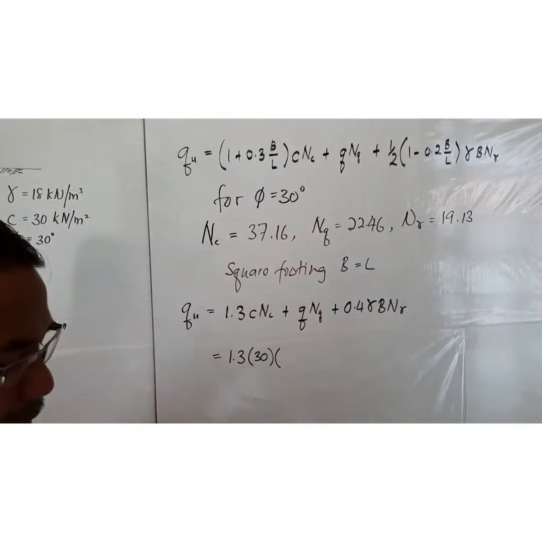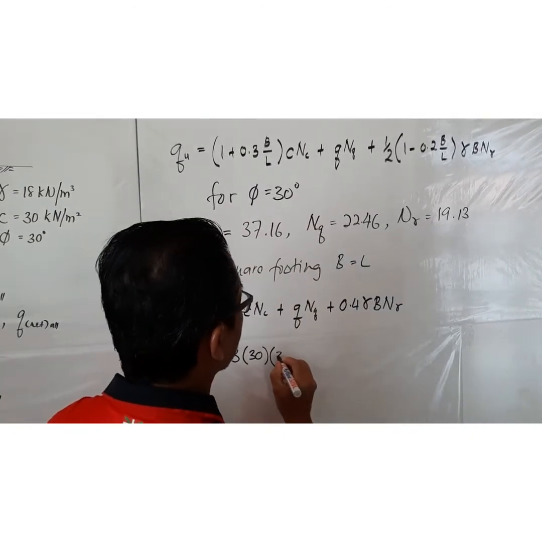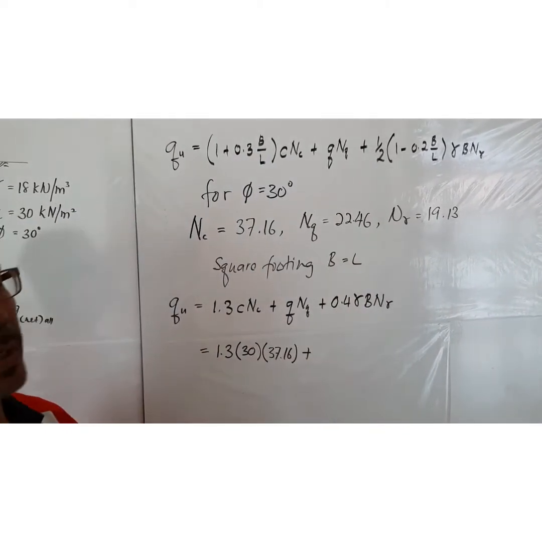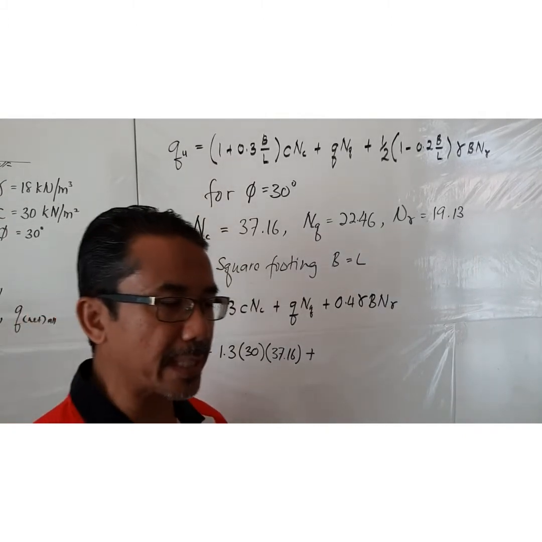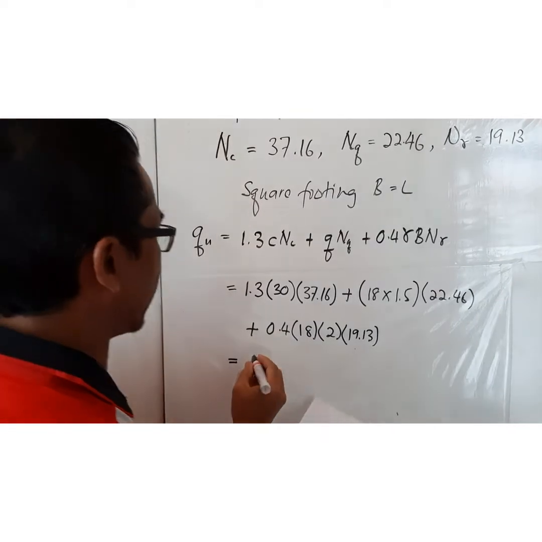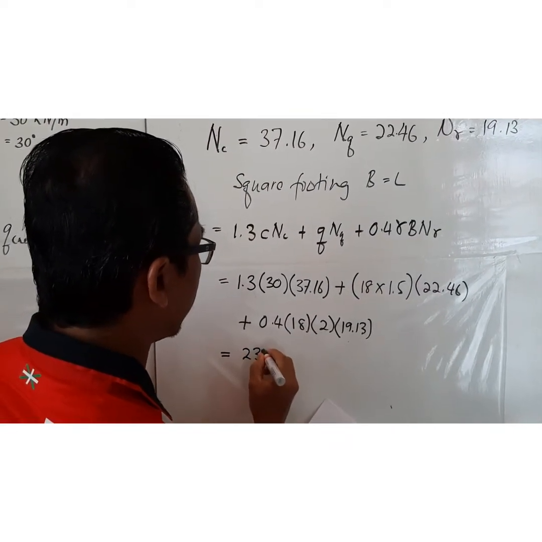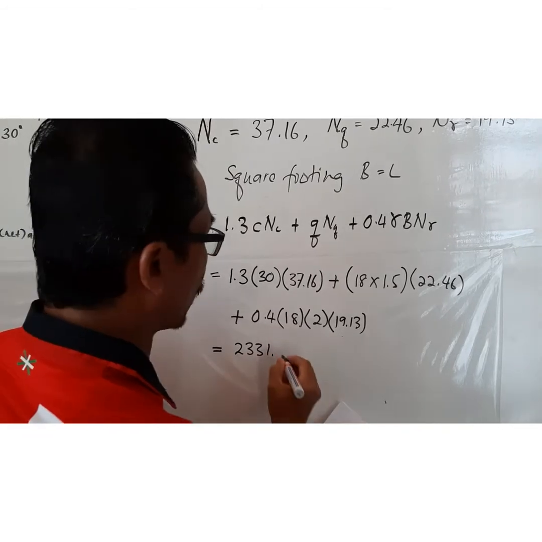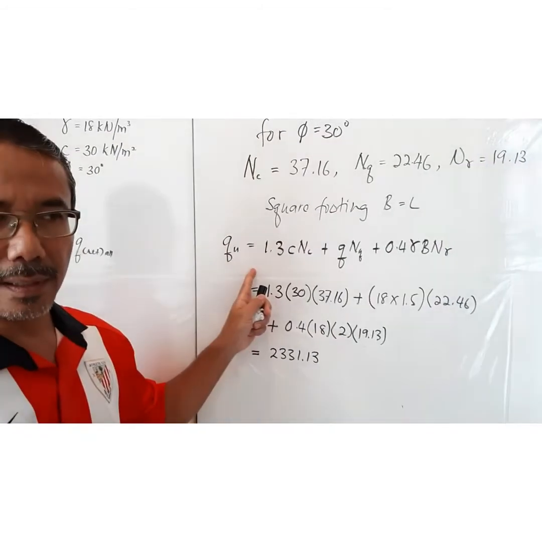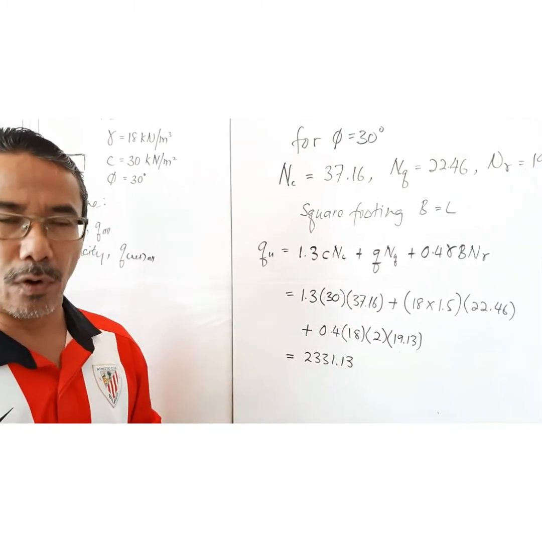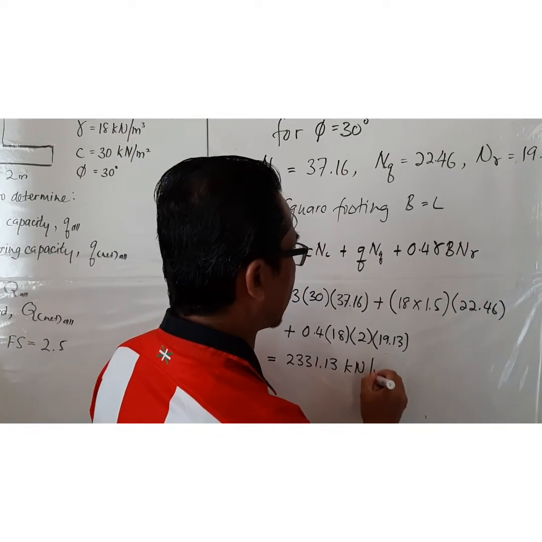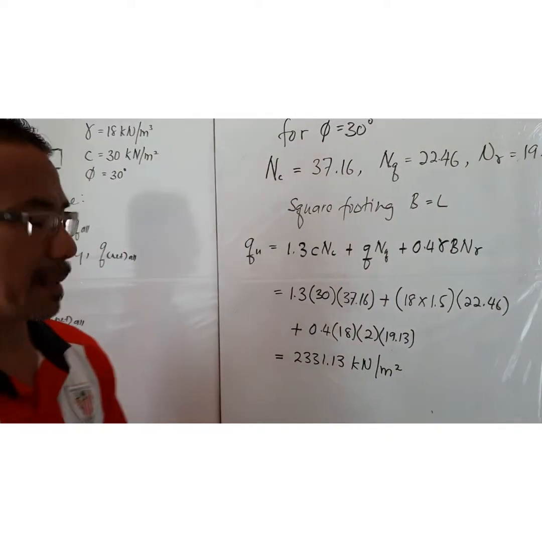N sub c is equal to 37.16, plus q. q is the stress at the base level of the footing, meaning gamma D. So you'll get this value, 2331.13. So for this ultimate bearing capacity, the unit is in terms of stress or pressure, which is kilonewton per meter square.